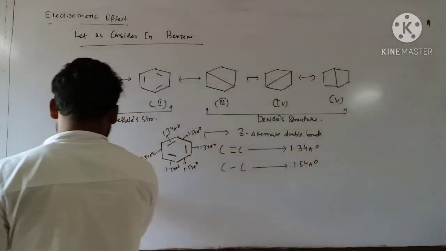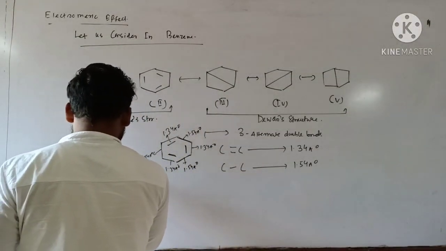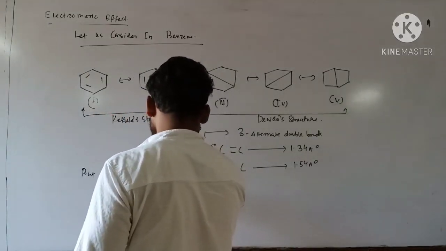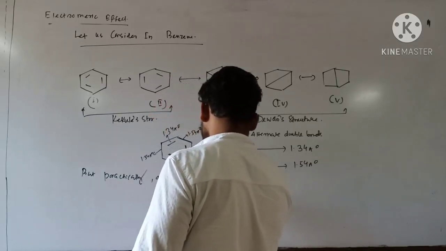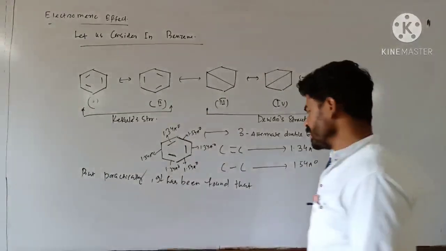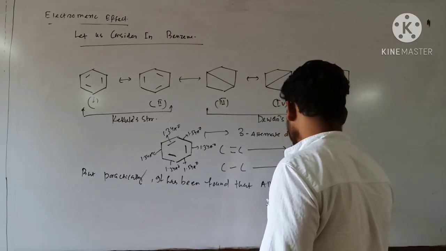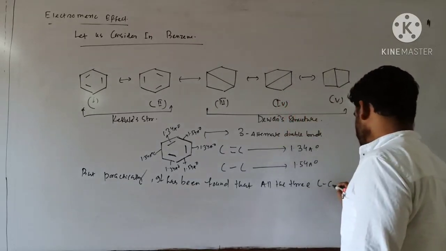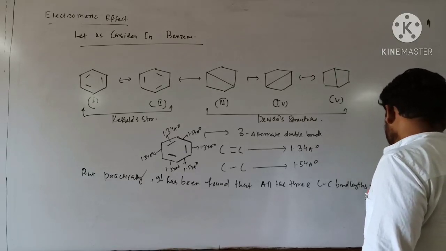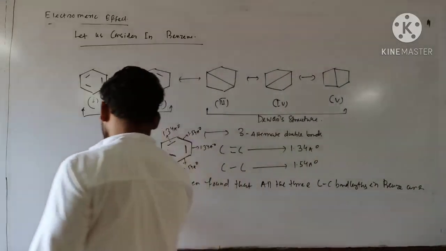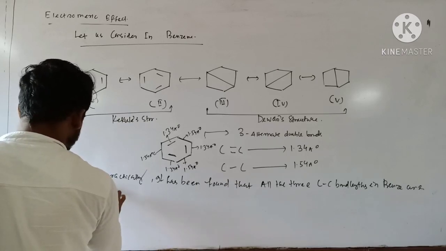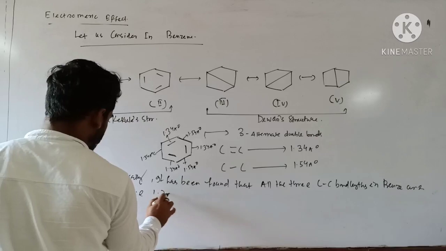But practically it has been found that all the 3 carbon-carbon bond lengths in benzene are equal, that is 1.39 angstrom.